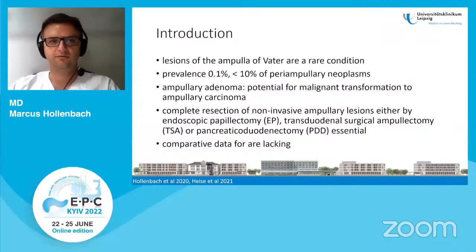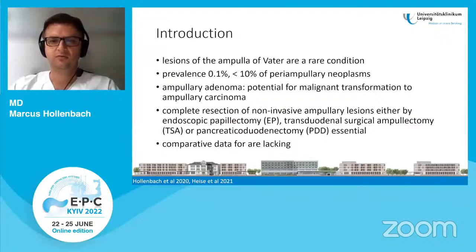I think you all are familiar with ampullary lesions. You all know that these are a rare condition with a prevalence of 0.1%, and they account for less than 10% of all periampullary neoplasms. However, in particular in ampullary adenoma, there is a potential for malignant transformation to an ampullary carcinoma, and therefore a complete resection of non-invasive ampullary lesions is indicated.